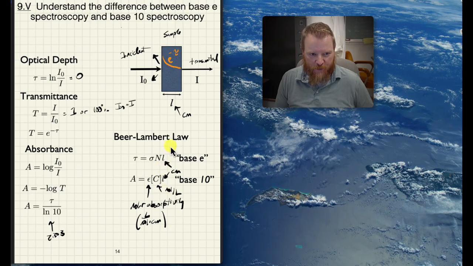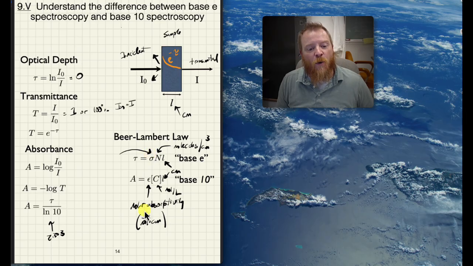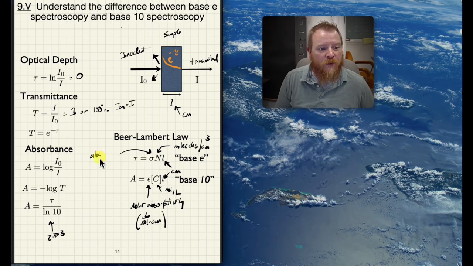So now in the base E version, notably here, we still have the same path length given in centimeters. Now N stands for our molecular density given in molecules per cubic centimeter, which means sigma here is our molar absorptivity coefficient equivalent, but that is what we call the absorption cross section.